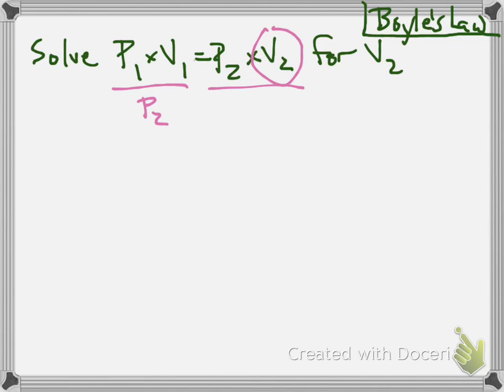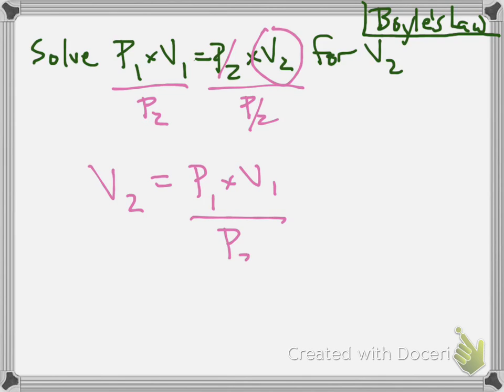I really like this pink color, not going to lie. And so we're going to divide both sides by P2. If we do that, then we cancel out P2, and the equation that we can use to solve for V2 directly is going to be V2 is equal to P1 times V1, none of that changes, divided by P2.